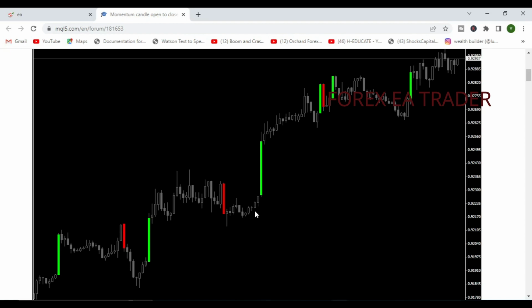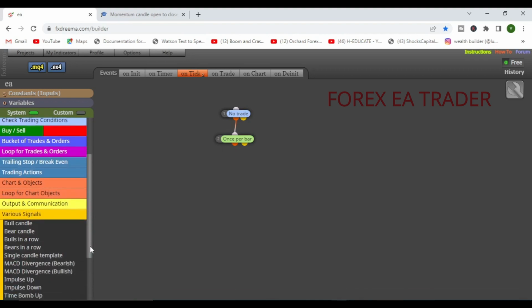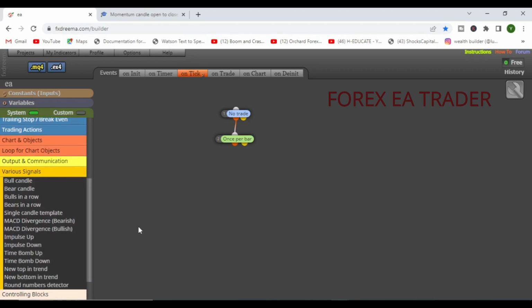There's some quiet period, then we have a push, then we buy in this scenario because it's going up. So how to turn this into a robot is simply, after this, we're going to go down here. Fxdreema has made it easier for you.